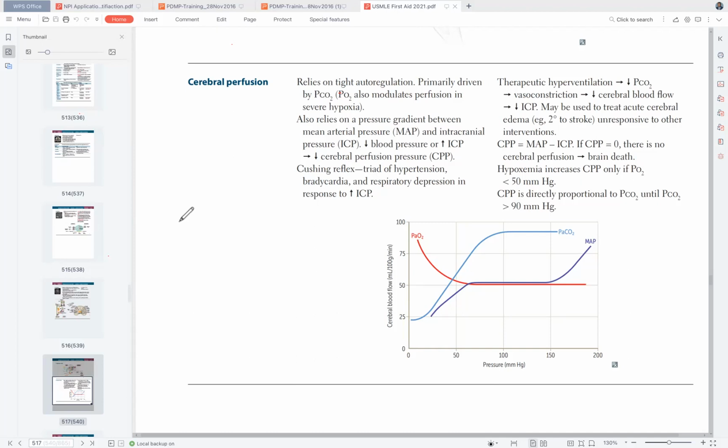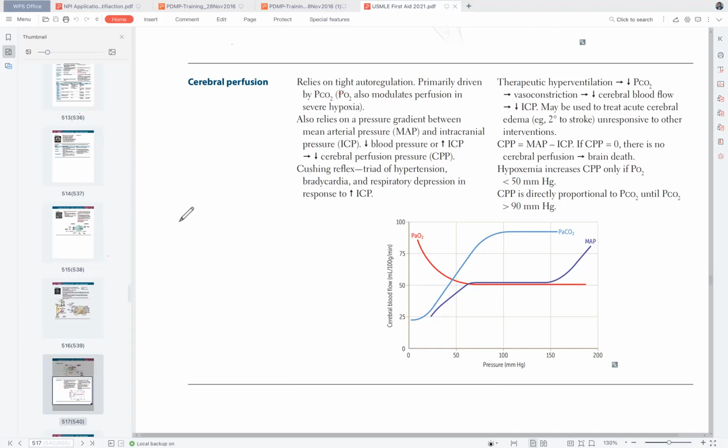No, I think when there's edema, you want the patient to reduce the intracranial pressure. Correct. And then you want to do hypercapnia so that there will be a lot of blood in the vessels rather than swelling, edema. Exactly.